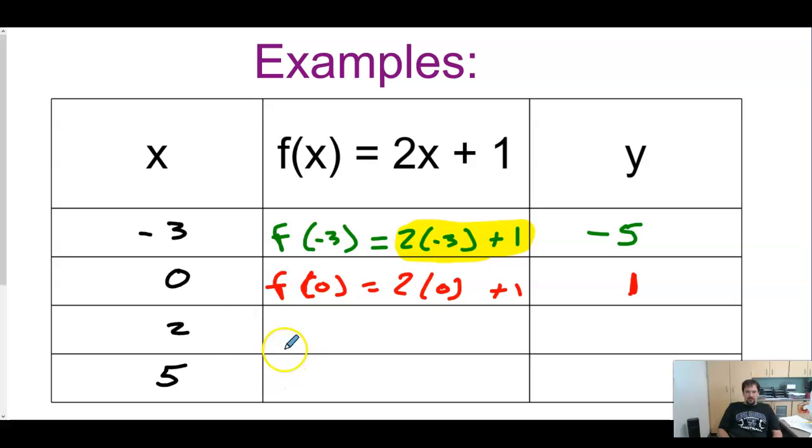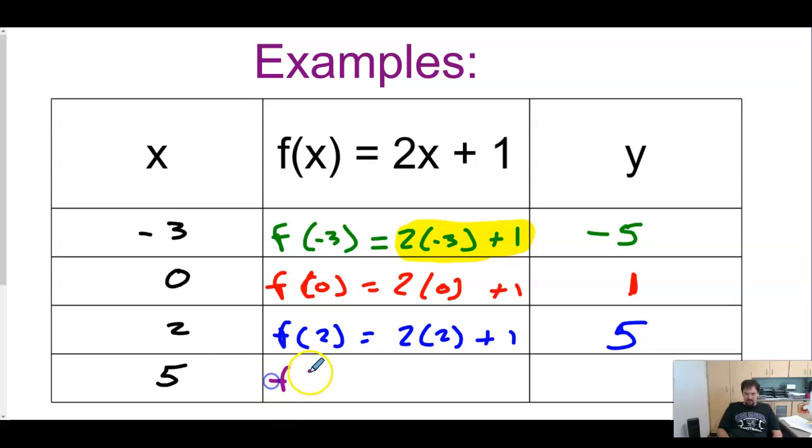Okay, let's now do f of 2. We have f of 2 equals 2 times 2 plus 1. Remember, I used my parentheses. The x was there, so I use parentheses to tell me what I plugged in for the x. 2 times 2 is 4, plus 1 is 5. And then this last one, I plug in a 5.